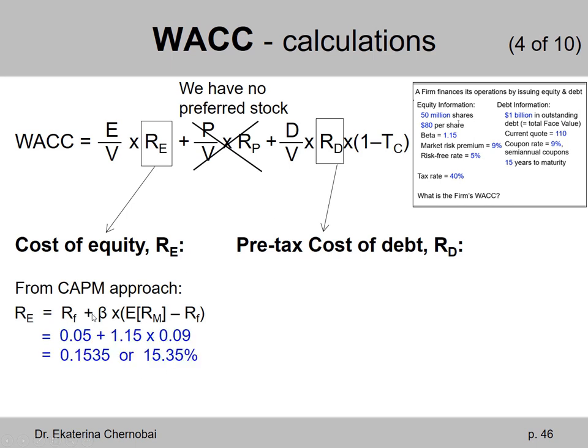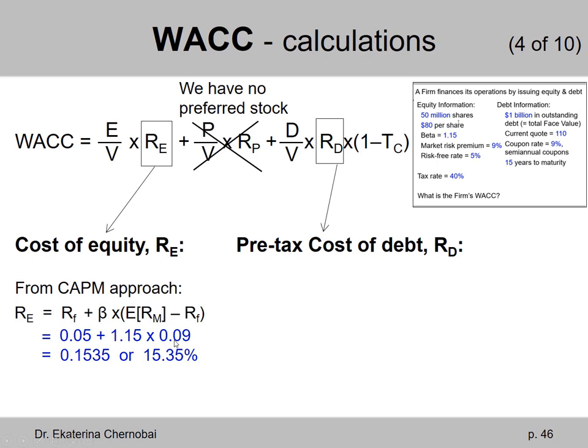The risk-free rate is 5%, I put 0.05 in decimals, plus the beta of the stock is 1.15, so I add 1.15 multiplied by 0.09, which is the market risk premium of 9%.